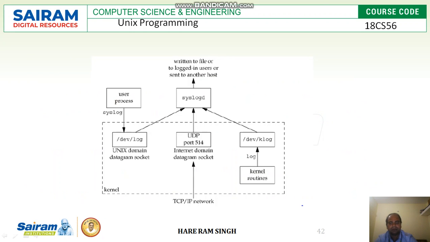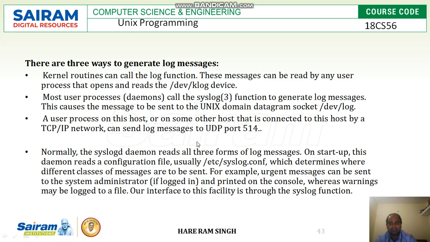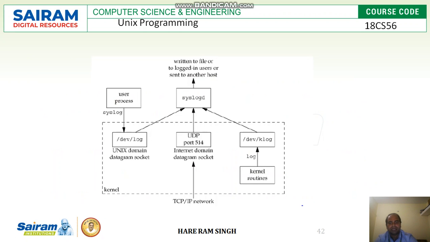For example, urgent messages can be sent to the system administrator. If any of these messages are very urgent, they can be sent directly to the system administrator and printed on the console, whereas warnings may be logged to a file. Our interface to this facility is through the syslog function.